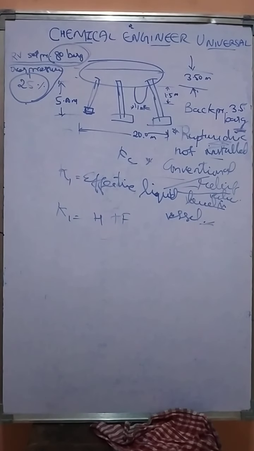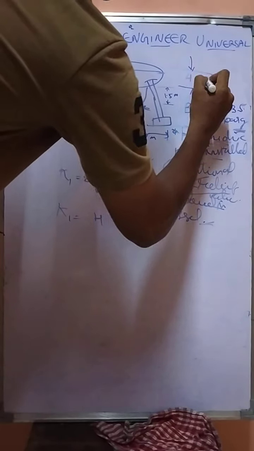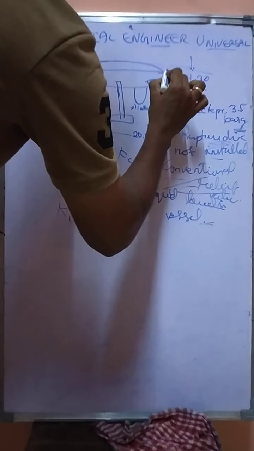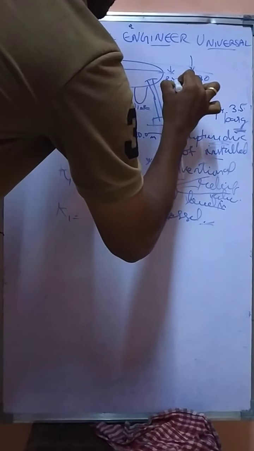Here we have considered the tank liquid level is about 3.5 meters, and the total diameter of the tank is about 4.3 meters. Sorry, I mentioned it wrong. So this is 4.3 meter diameter of tank, and the liquid level is about 3.5 meters.